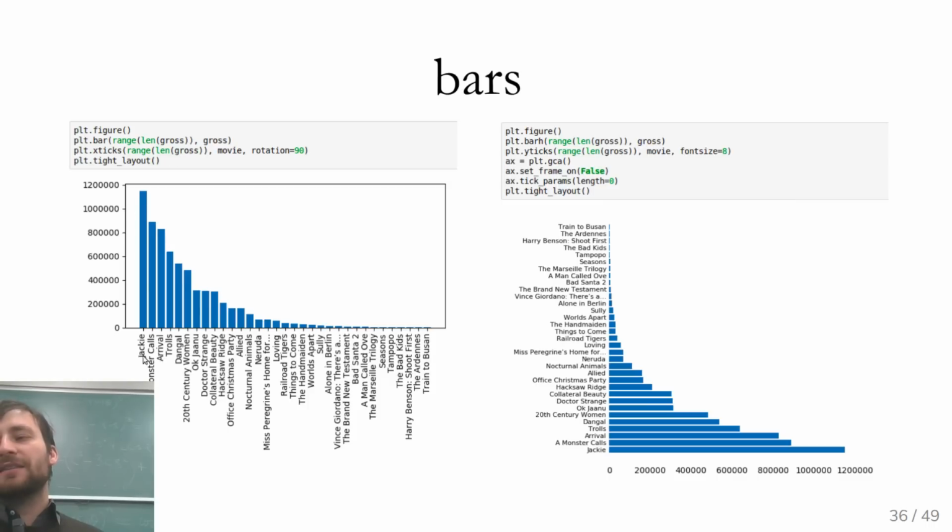If I don't rotate these, all of them will be overlapping, which is what it's going to do by default, and it's going to look terrible. Often because my tick labels for bar plots are pretty long, I actually prefer to do horizontal bar plots. So here in this example, I find this is much easier to read than this.